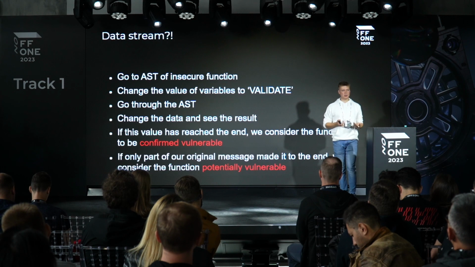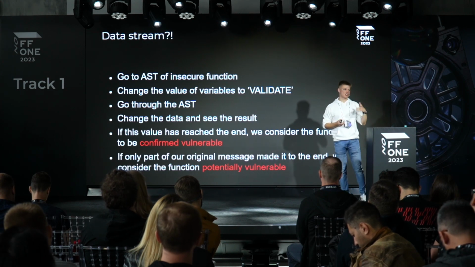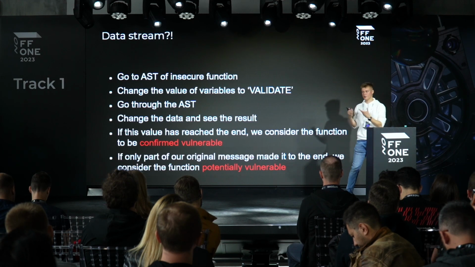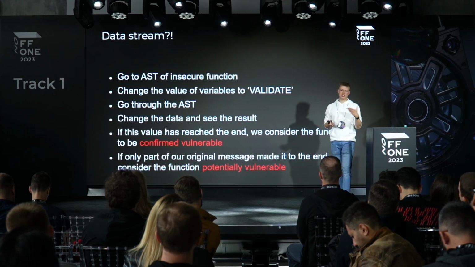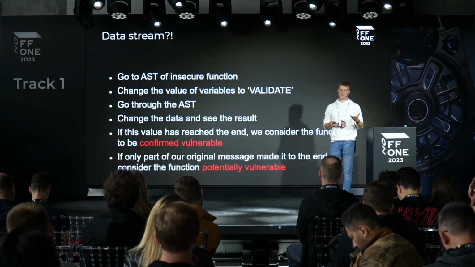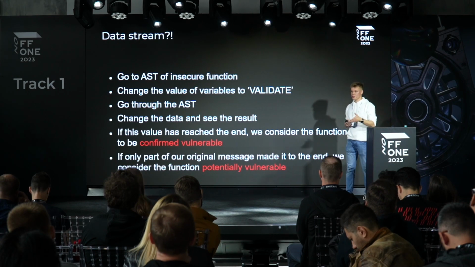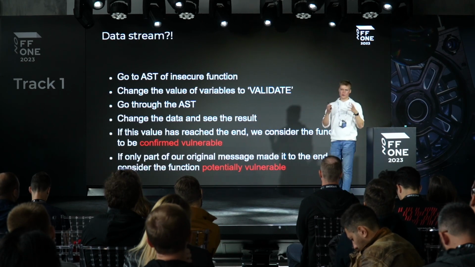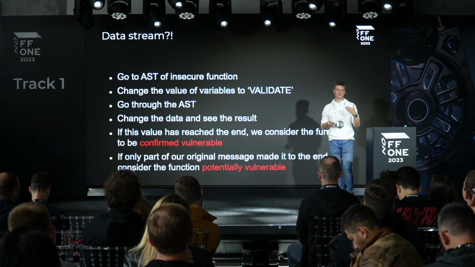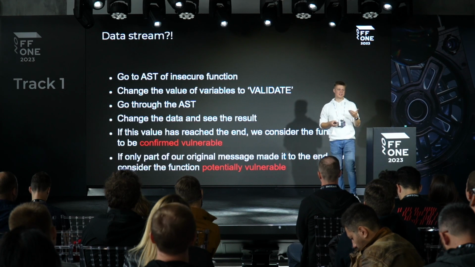In terms of subsequent analysis, we detected the functions that are potentially vulnerable. So one last question to be answered: are they really vulnerable or not? So we need to test the fragments of the code that are potentially unsecured and can lead to DOM XSS exploitation. So here is my idea. I take a function. I know that it contains an unsecured sink. I just need to understand whether it's reachable.